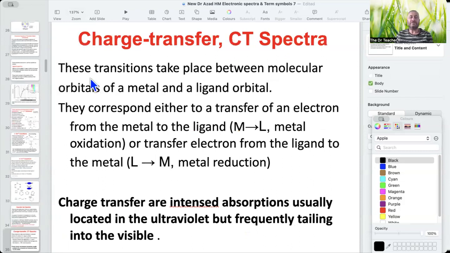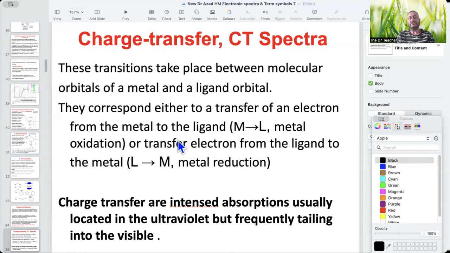These transitions take place between molecular orbitals of the metal and ligand. You remember the donation and back donation, so you can see this as a charge transfer.